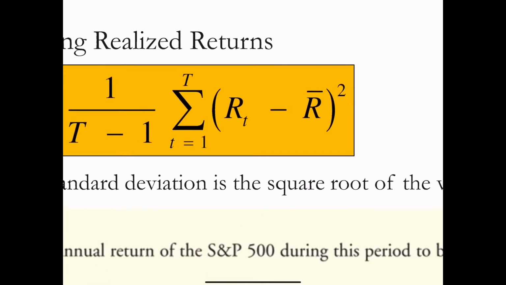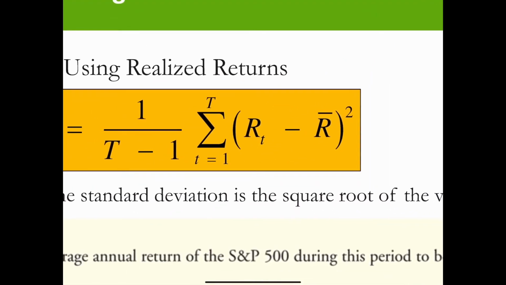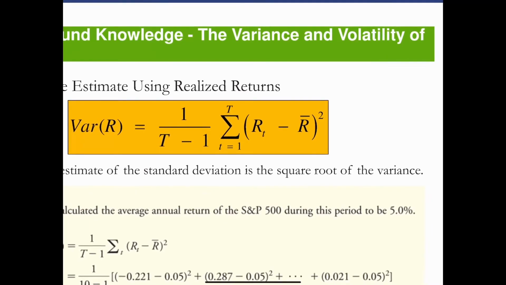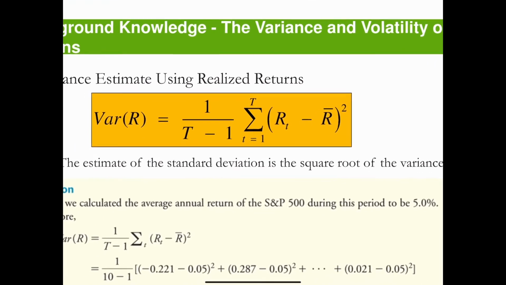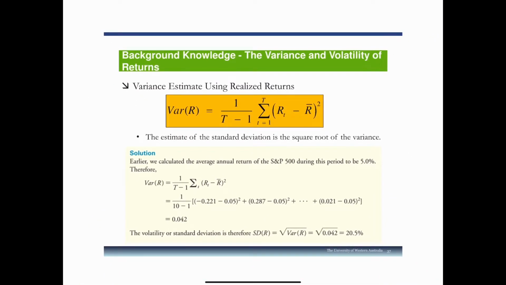That is not a true value, you have to approximate that, which is why you have T minus 1. If statistics is not your forte, then don't worry about it. You just need to know this formula. And then to calculate standard deviation, you just take the square root of variance. Here's just a quick numerical example. Say we calculate the average return of S&P 500 to be 5%.